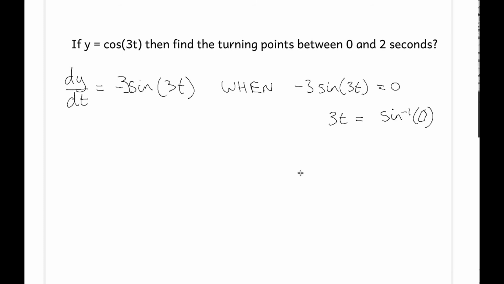So 3t equals 0, pi, or 2 pi and so on and so forth. So that means that t must equal either 0 or pi divided by 3.